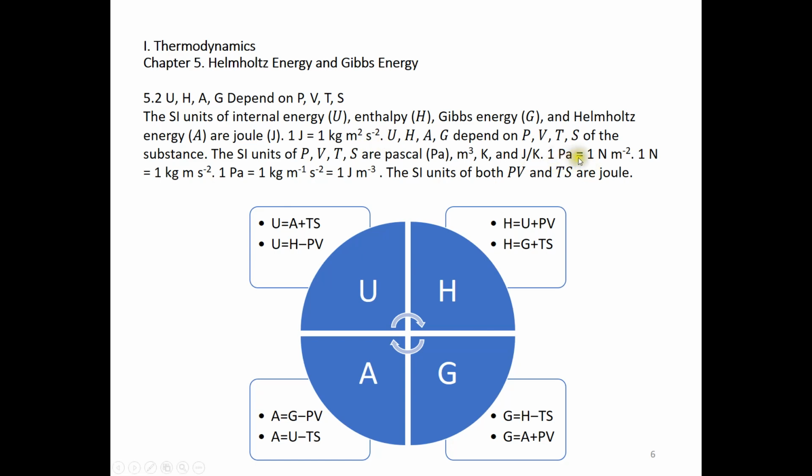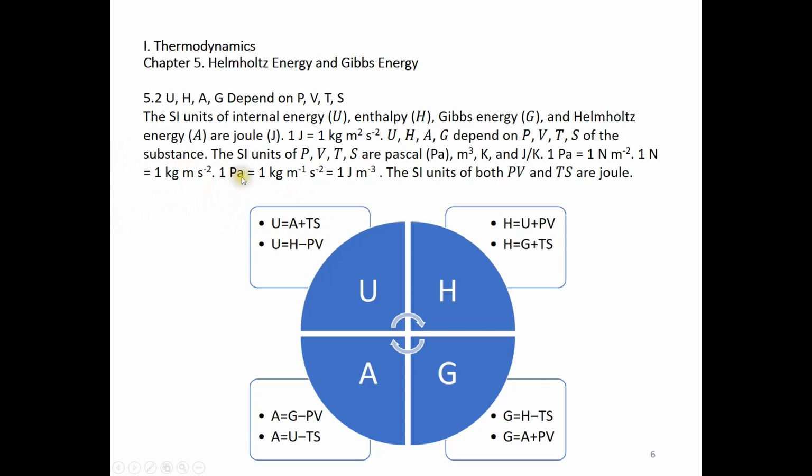1 Pascal is 1 Newton per square meter. Just remember pressure is force over area. And 1 Newton is 1 kilogram times meter over second squared. You can memorize this by remembering force is equal to mass multiplied by acceleration.